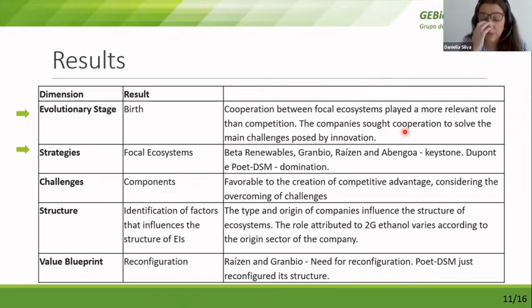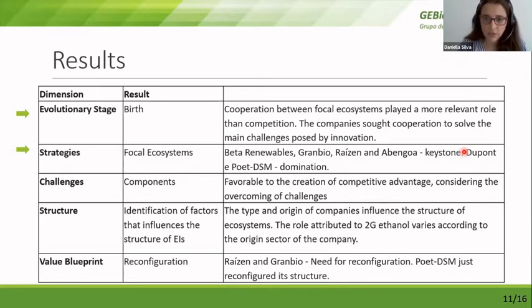We also have some information about strategies. For example, here we have 4 components that use the keystone strategy. The keystone strategy is basically when a company does not possess all the skills and competence that is needed to promote the innovation, so it needs to develop partnerships to access these skills.